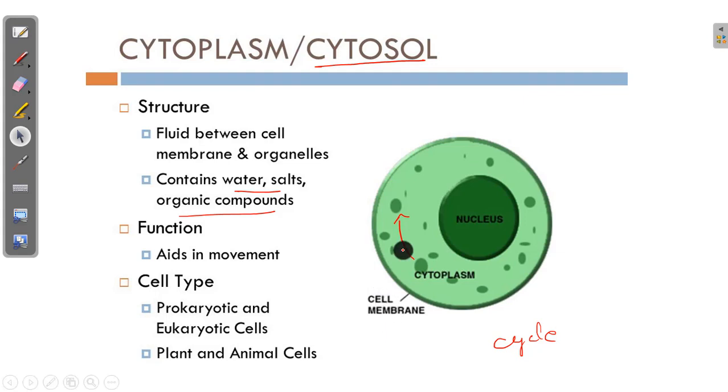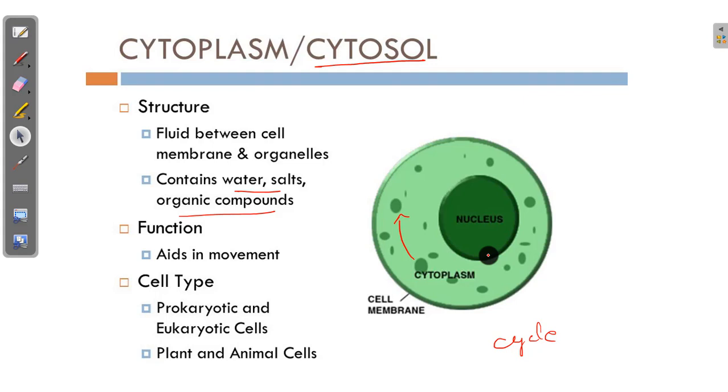The cell is small for us, but basically there are many things going on inside the cell. Different substances have to be transported here and there in the cell, and only then can the cell function properly. How can that be transported? That can be transported because of this liquid substance, the cytoplasm. If there is no cytoplasm, the cell will not be able to transport or help in any movement, and that is the reason the cell will not function properly.